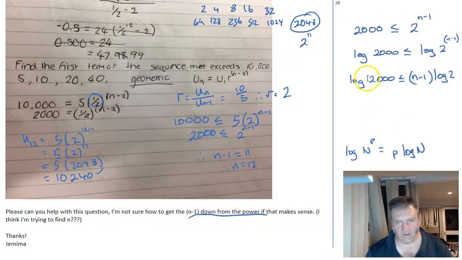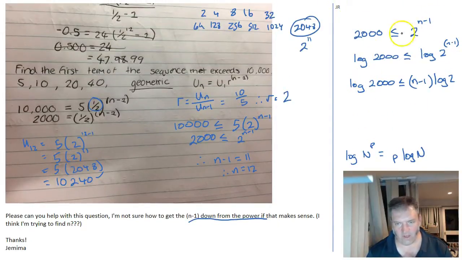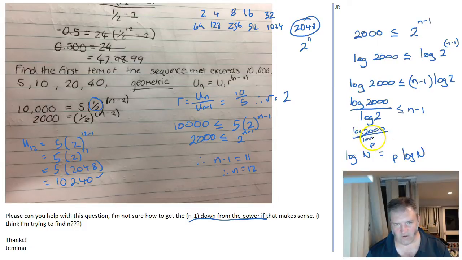I'm now allowed to divide by the log of 2, so I've got the log of 2000 divided by the log of 2 is less than or equal to n minus 1. Add 1 to that, and we've got our answer. n must be greater than the log of 2000 divided by the log of 2, plus 1.